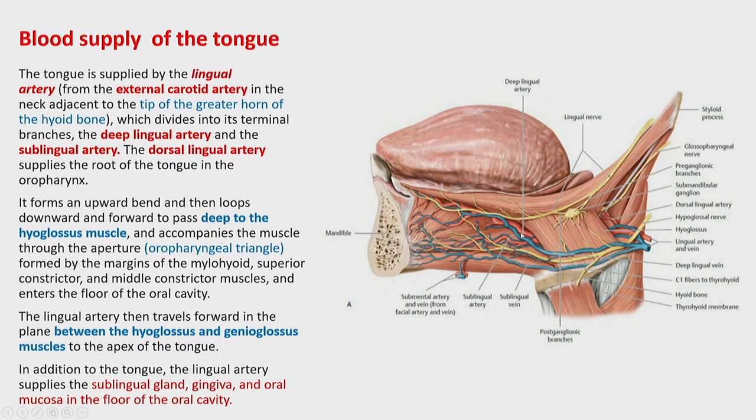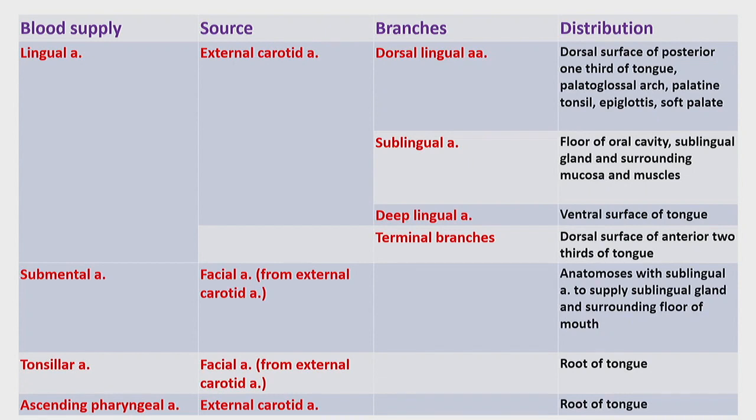This artery also supplies the sublingual gland, which is located in the sublingual region. It supplies the lingual aspect of the gingiva and the oral mucosa of the floor of the oral cavity. So this is the main blood supply that we already mentioned, and here I have it as a table for you.